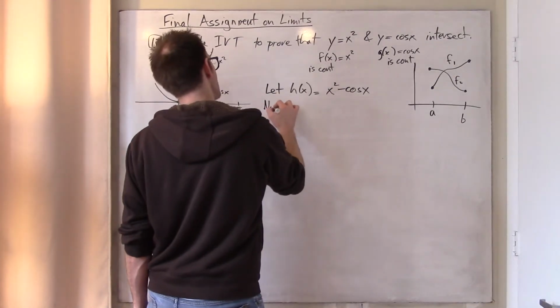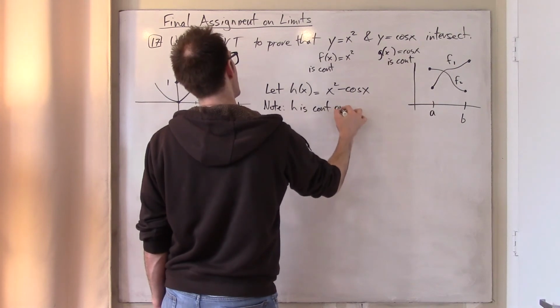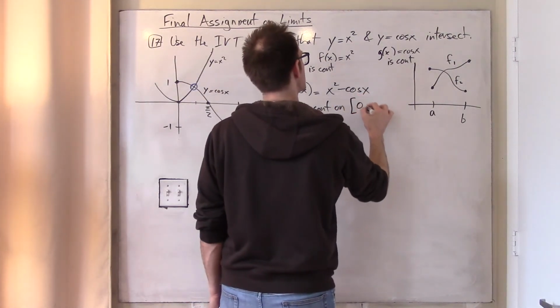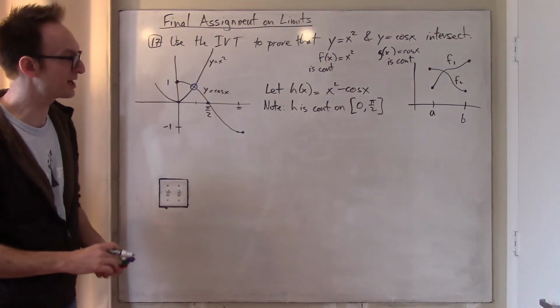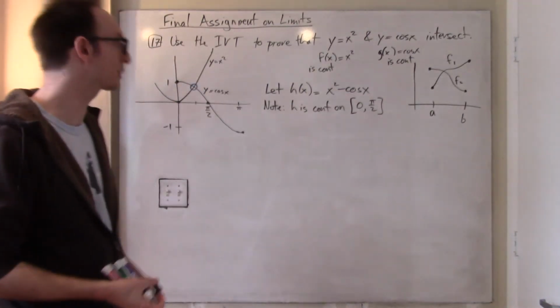Note that h is continuous on the interval 0 to pi over 2. Why is h continuous on this interval? Because it's just the difference of two continuous functions, so it's also continuous.